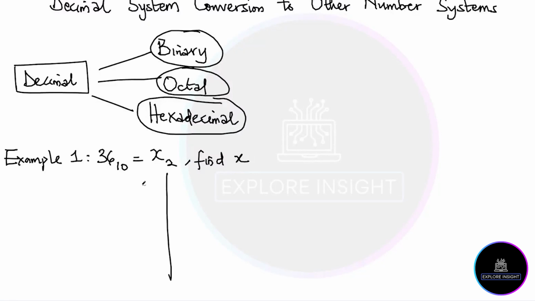So I'll go ahead and rule my division line. This 36, I'll place it here, and then the binary base, which is 2, I'll put it here. So 2 into 36 will be 18, and r, where r is the remainder. So we're going to have a remainder of 0.